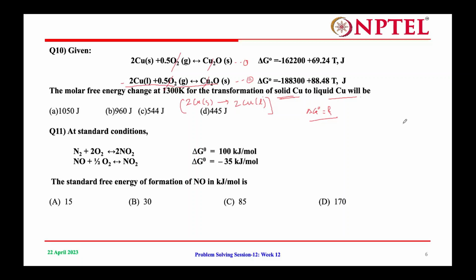Similarly, this is reaction 1 and reaction 2. Now 1 minus 2, means equation 1 minus equation 2, then you will get delta G equal to 26100 minus 19.24 T, right?